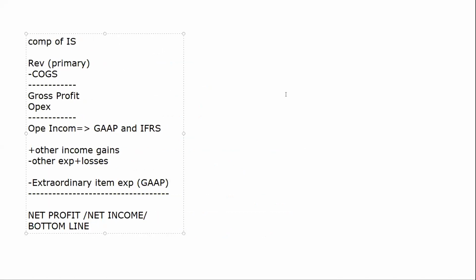However, one thing I forgot to mention last time: I was evaluating my lecturing, and I realized that I have not mentioned an important point, the reporting of the income statement by companies.